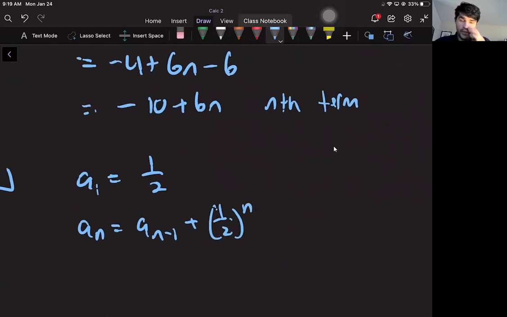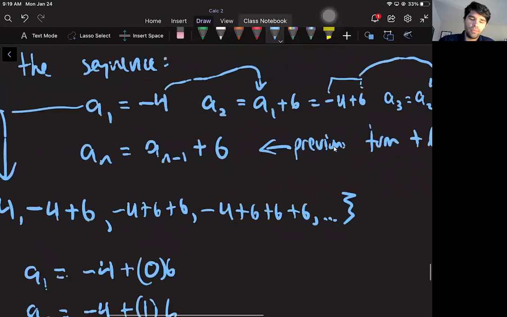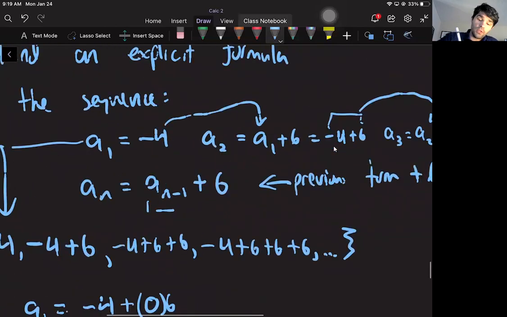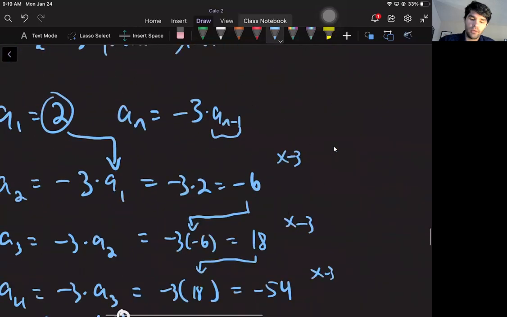This is sort of different than the previous ones, because in the previous ones, it was always just the previous term and then plus a number, or times a number, like here was times 3.